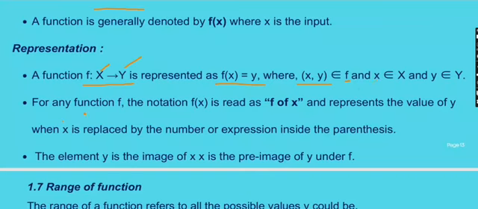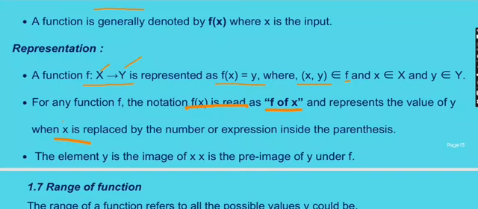Next you see, for any function, the notation f of x is read as, see how it is read, f of x. I think you all might know it. It is the value of y when x is replaced by the number or the expression inside the parentheses. So the value of y is found where we replace x. For example, x is equal to 1 now; we are going to find y by replacing that x value.